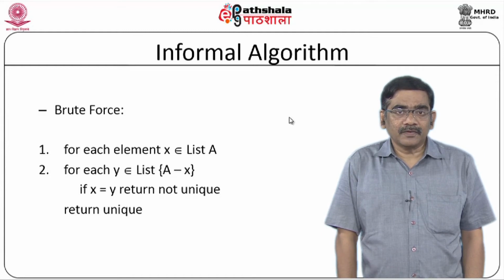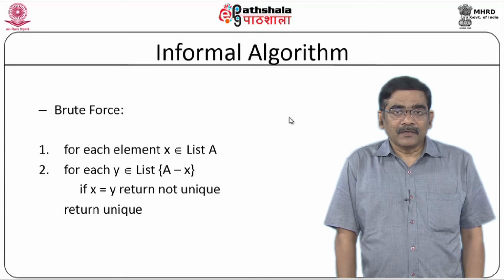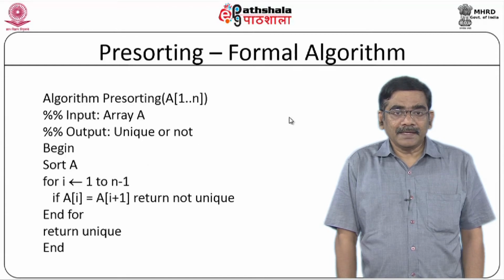This sort of brute force technique involves comparison of every element with every other element that is present in the array. So, this leads to an order of n square algorithm, and we can simplify this problem using the transform and conquer technique, where we sort the elements.